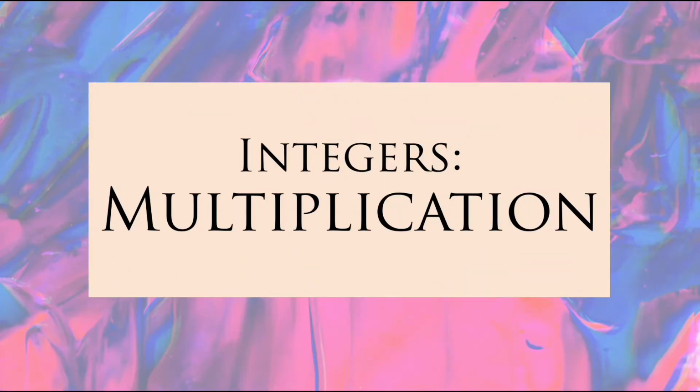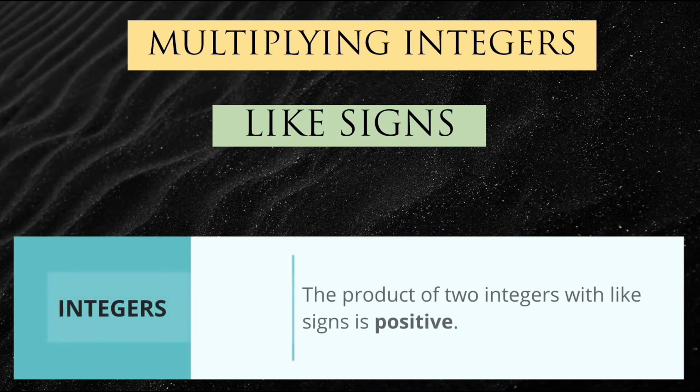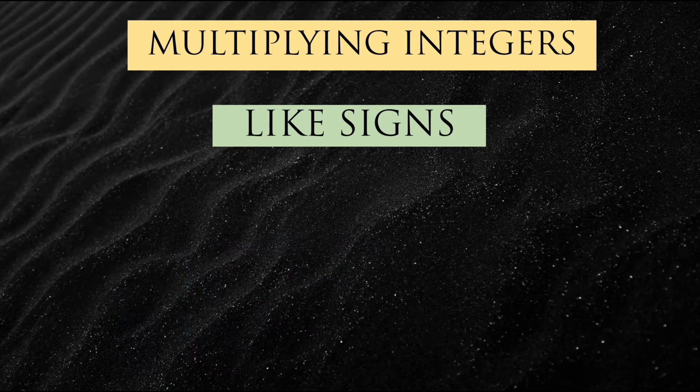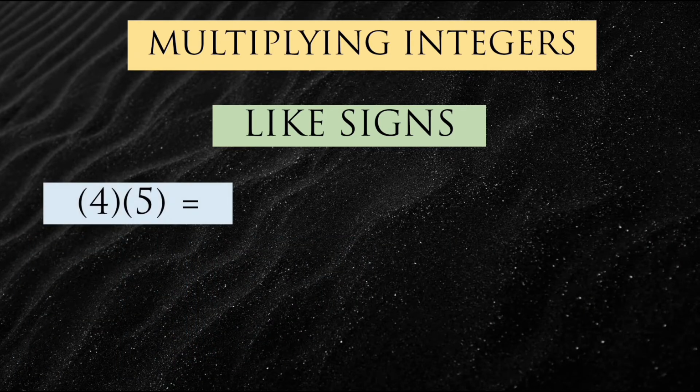Let's go to multiplication first. Whenever you multiply integers with like signs, the answer will always be positive. Let's have some examples. Positive 4 times positive 5 is positive 20. And take note, you may not write the positive or the plus sign.